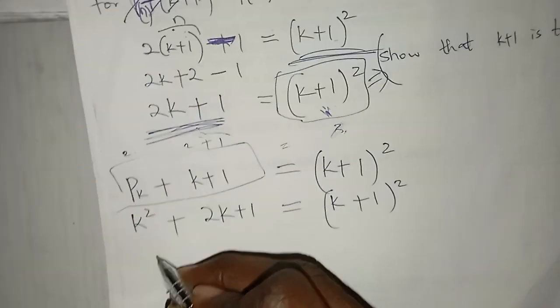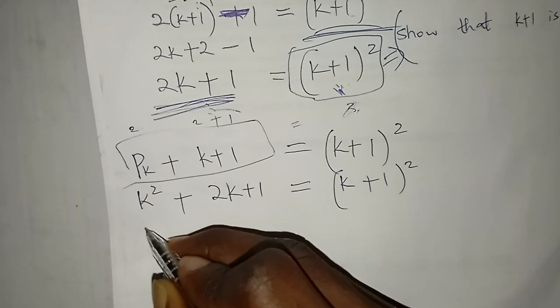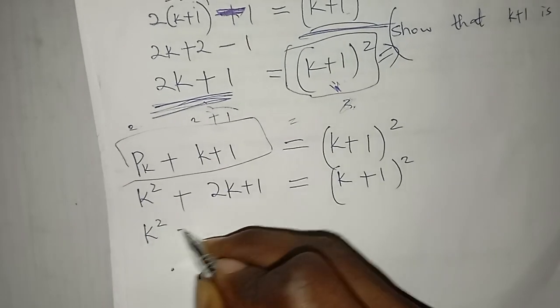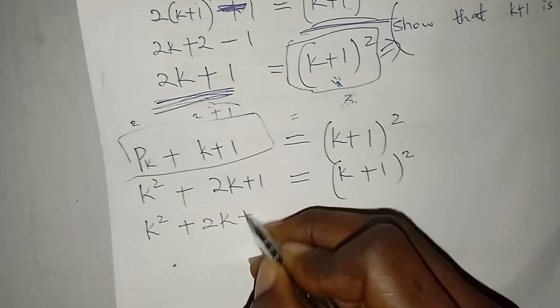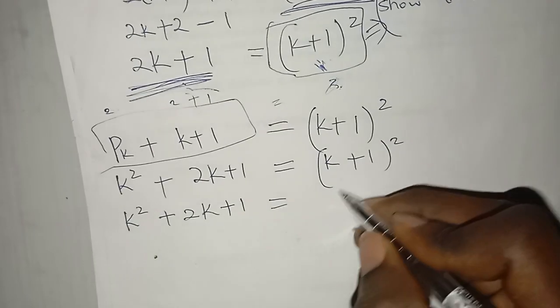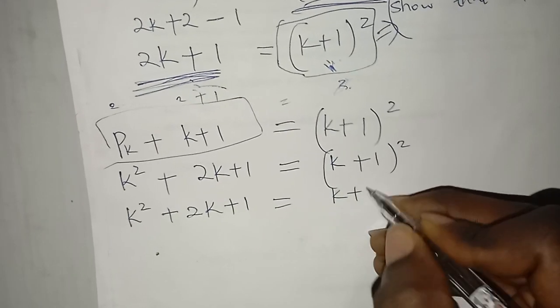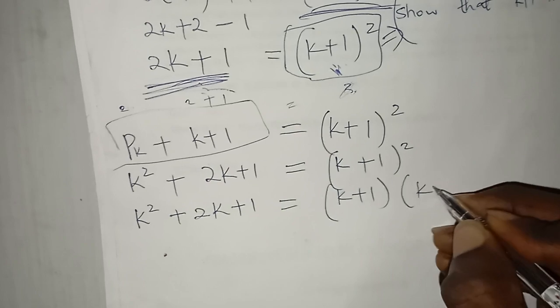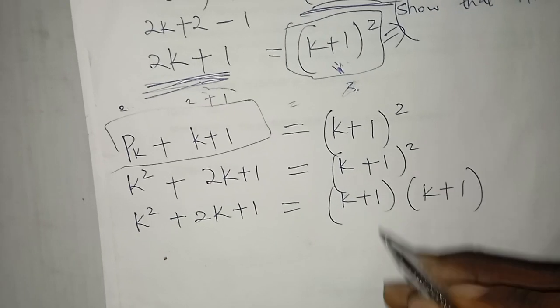So this is going to be saying k squared plus 2k plus 1 is equal to, this is going to be k plus 1, that is k plus 1 squared.